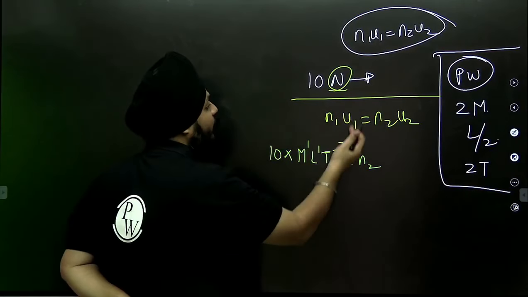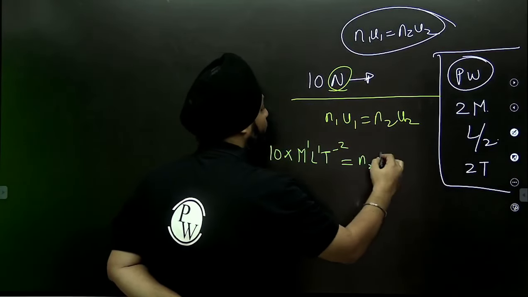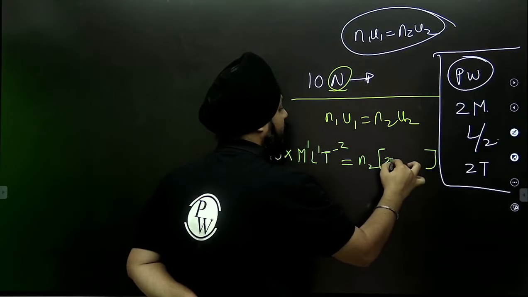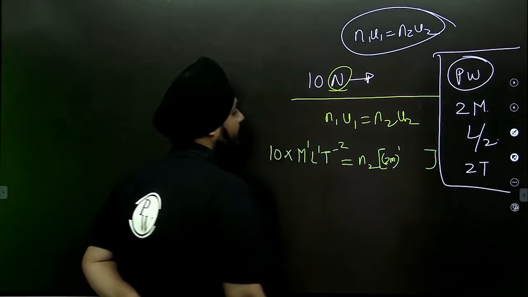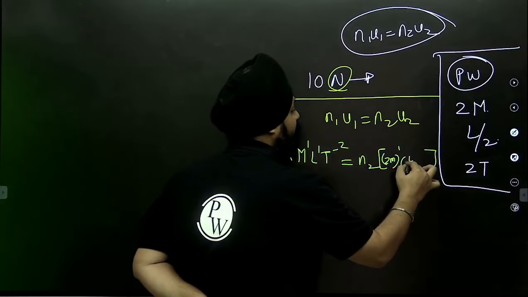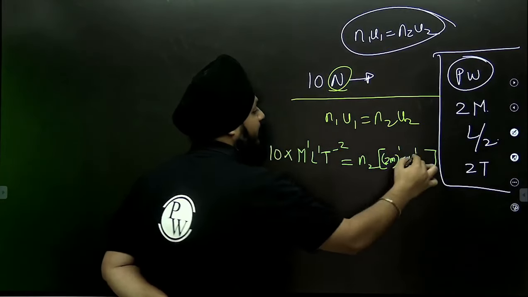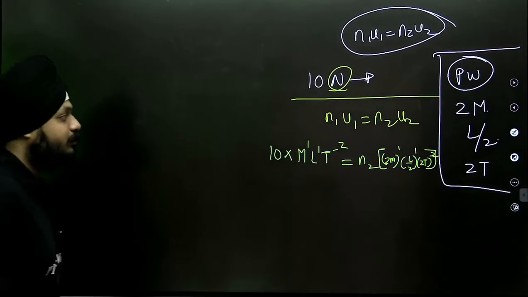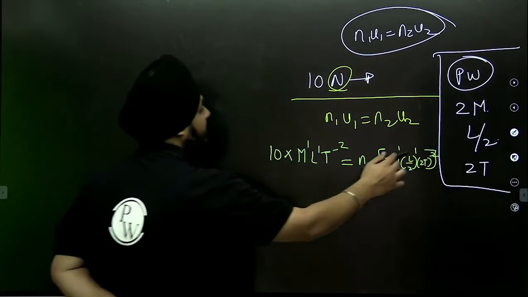N1 U1 is equivalent to N2 U2. New U2: mass is double, so 2M to the power 1. Length is half, L to the power 1, and time is twice, 2T to the power minus 2.